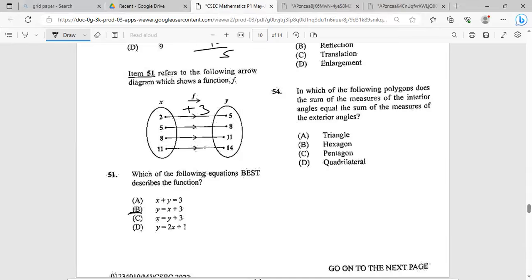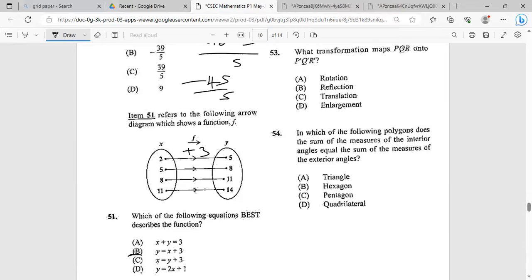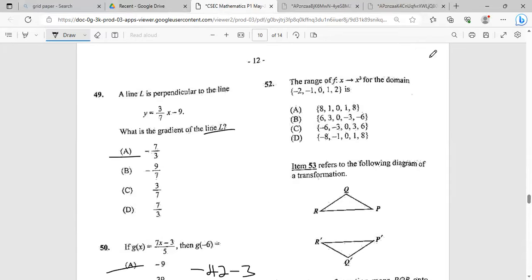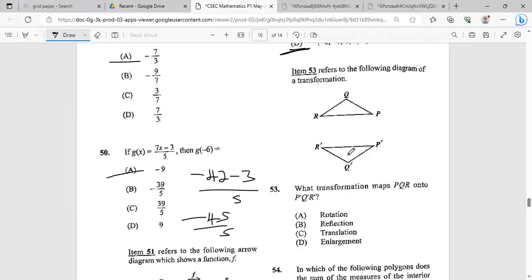All right, 52. The range of that, and of course, we just work out negative 2 alone, because these are only negative 8, we're good. And guys, I was misreading this. I thought they were saying this maps onto this, but it was what transformation maps PQR onto this, and that's a reflection.